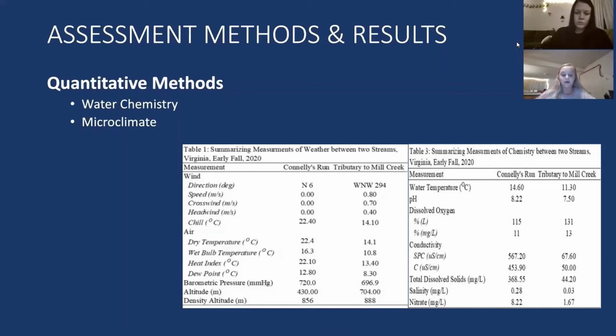When looking at microclimate, this data was collected using a Kestrel 5500 environmental meter, which included wind direction, wind speed, crosswind, headwind, wind chill, dry temperature, wet bulb temperature, heat index, dew point, barometric pressure, altitude, and density altitude.